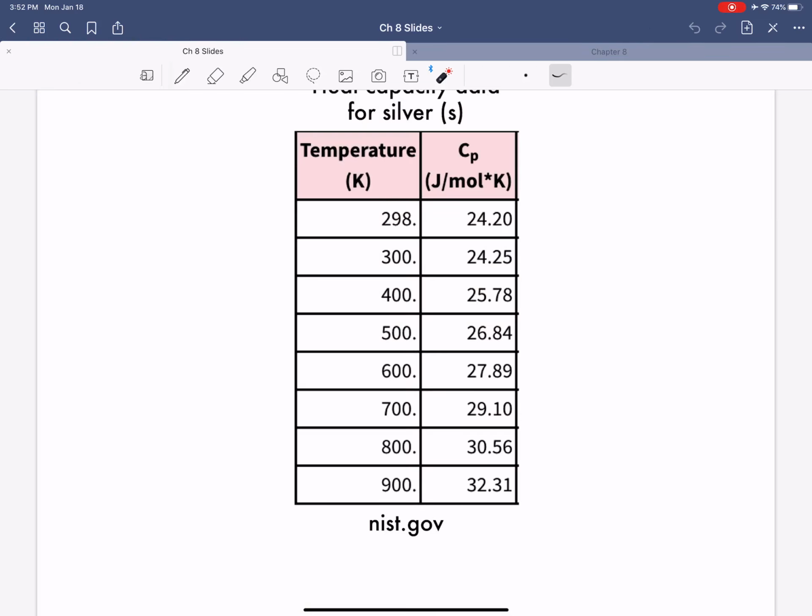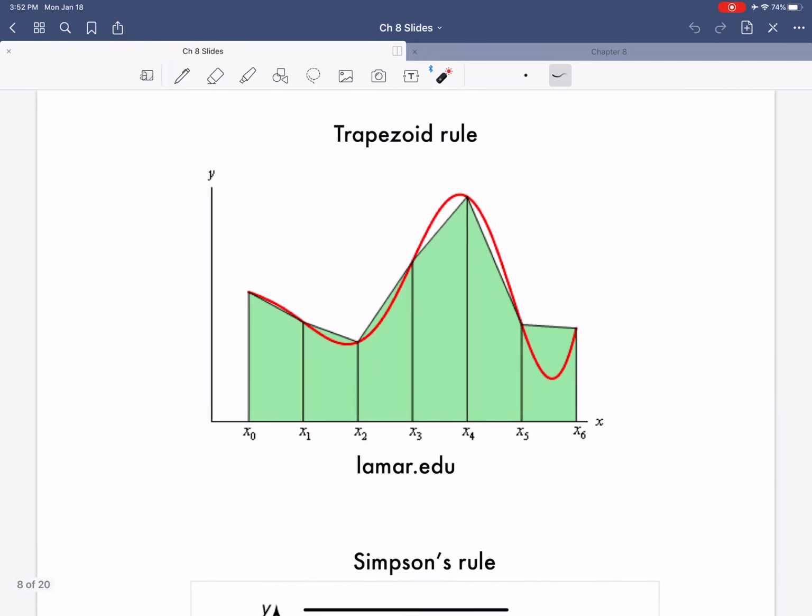But even if we go back to the slides and look here, we see that the trapezoid rule works okay for this segment. But once the function gets a little bit curvier, we see that the trapezoid here actually has a larger area than what's actually underneath the curve, right?